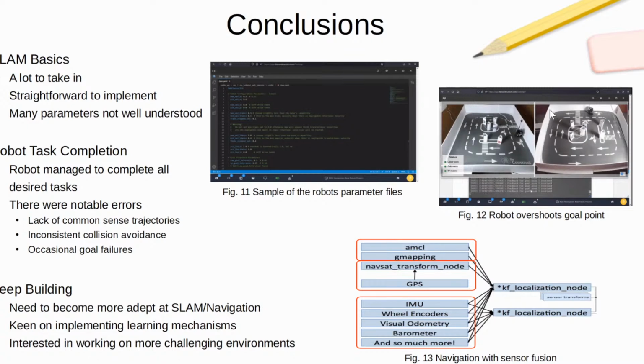So all that considered, I'd like to become more adept at understanding some of the algorithms in SLAM, and being able to approach more realistic environments, and maybe going towards something like sensor fusion, or implementing learning mechanisms. And I know that ROS offers some courses that I can continue to improve, and maybe some of my own research. But yeah, that was the project overview.